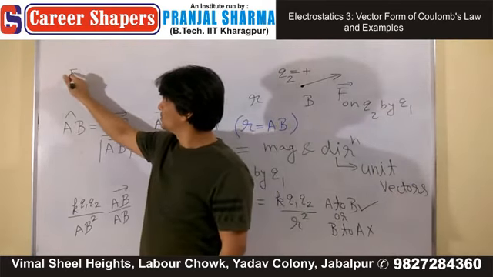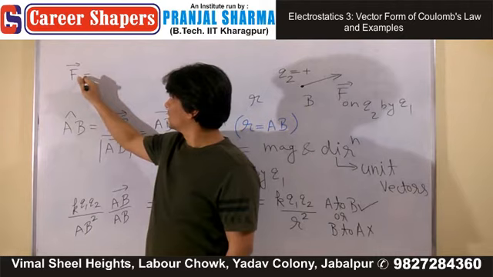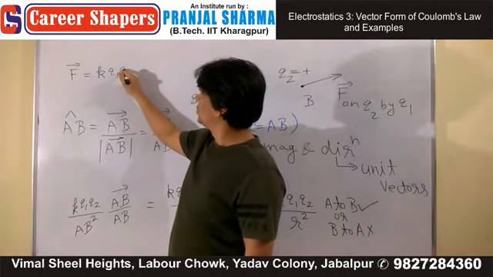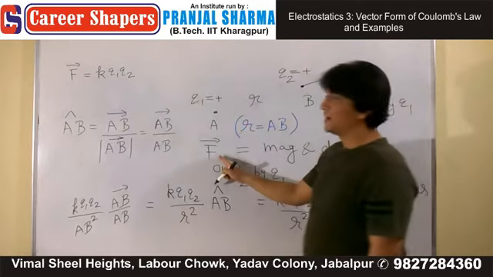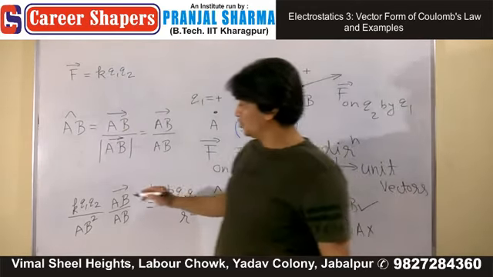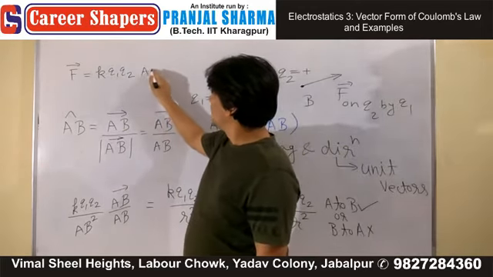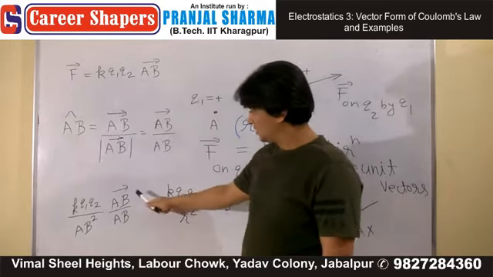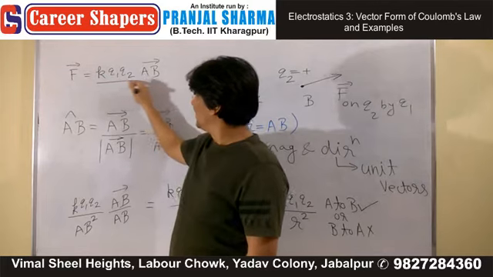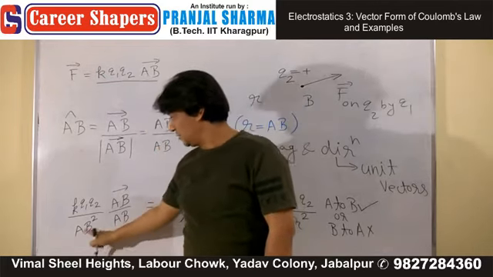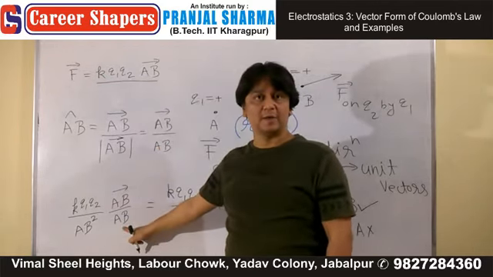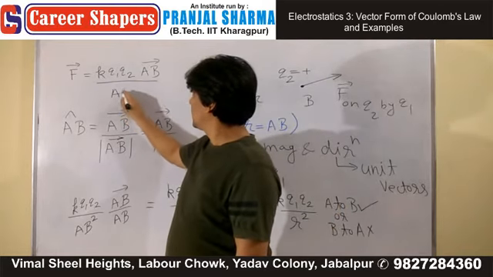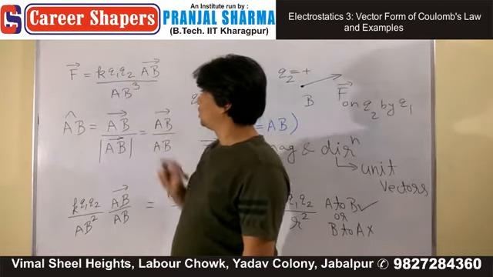Your force is coming K times Q1 Q2, AB vector, divided by AB square multiplied by AB, which is AB cube.